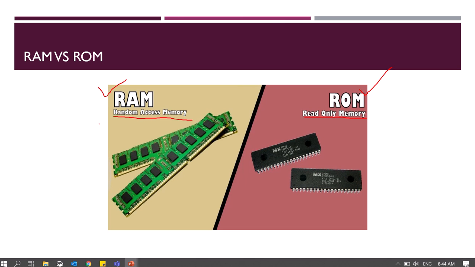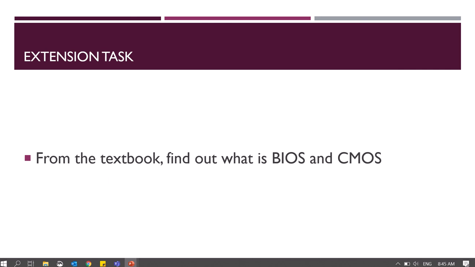The data in RAM is lost when the computer is switched off. The data in ROM is not lost when the computer is switched off. And RAM stores data temporarily, we know that because the data is lost, and ROM stores data permanently. The data is not lost when the computer is turned off.